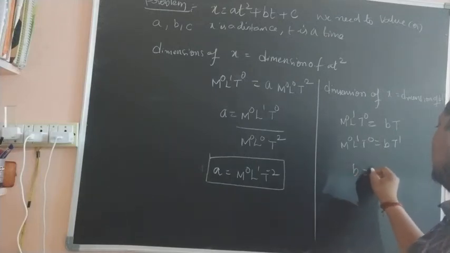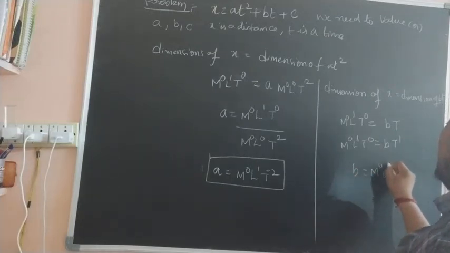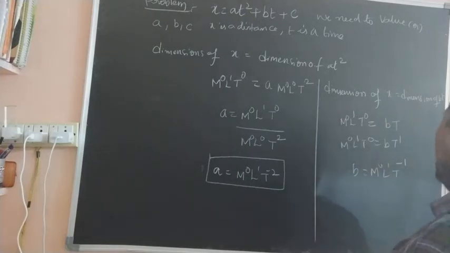So b is equal to m0, l1, t to the power of -1.